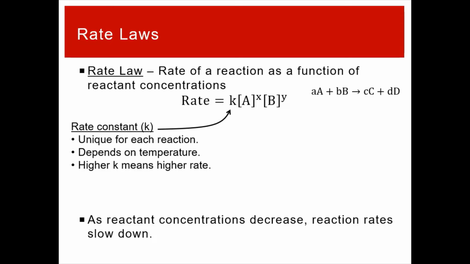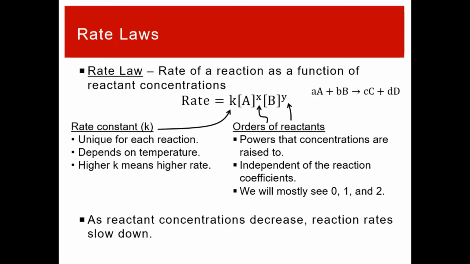So then the concentrations, the A and B in brackets, are just the concentrations of reactants, and the x and the y are exponents that are the orders of reactants. So these are the powers that the concentrations are raised to in this equation. You will note I've used x and y, not little a or little b. That is because the order of a reactant is distinct from the reaction coefficients.